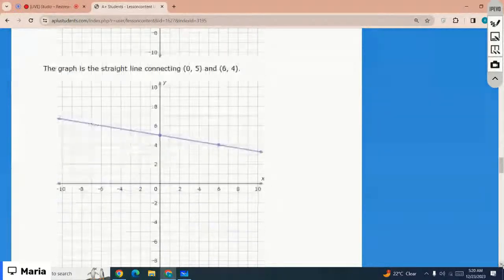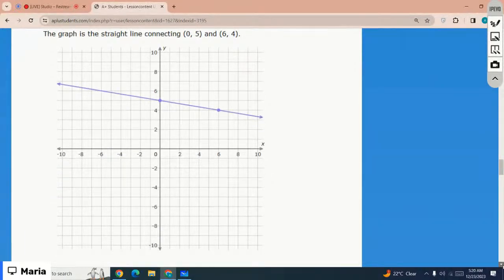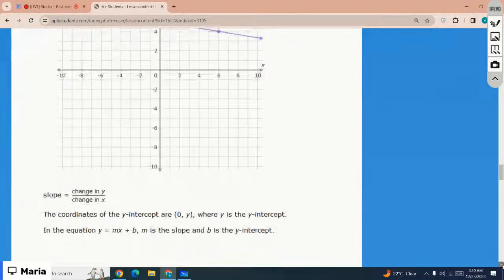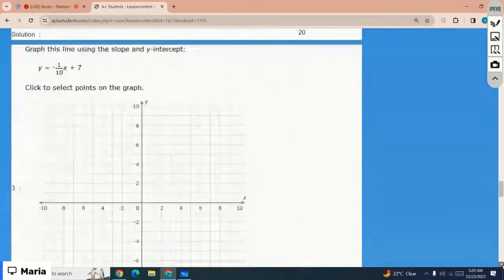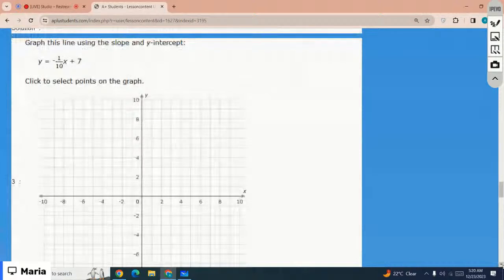Okay, the other example is graph the line using the slope and the y-intercept. You need to use the slope and the y-intercept, right?